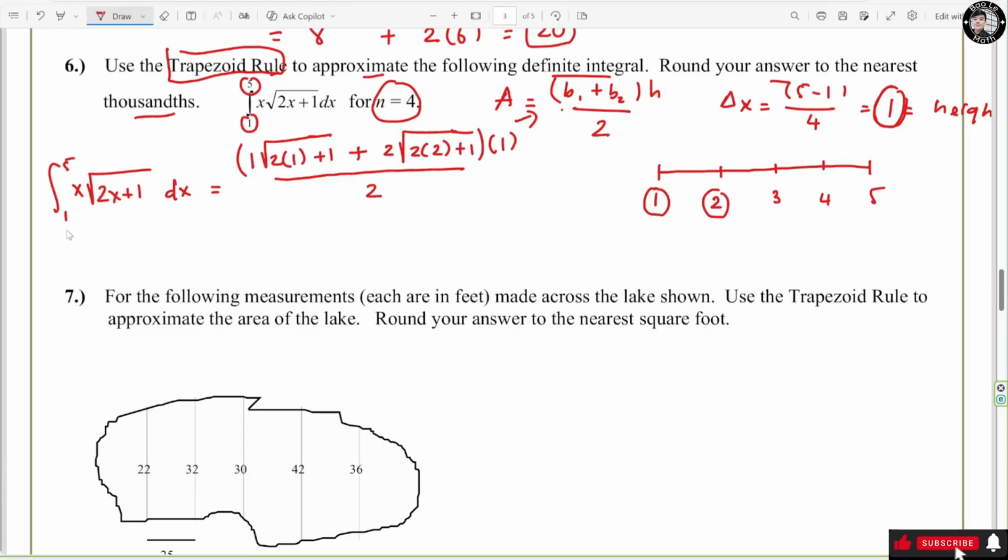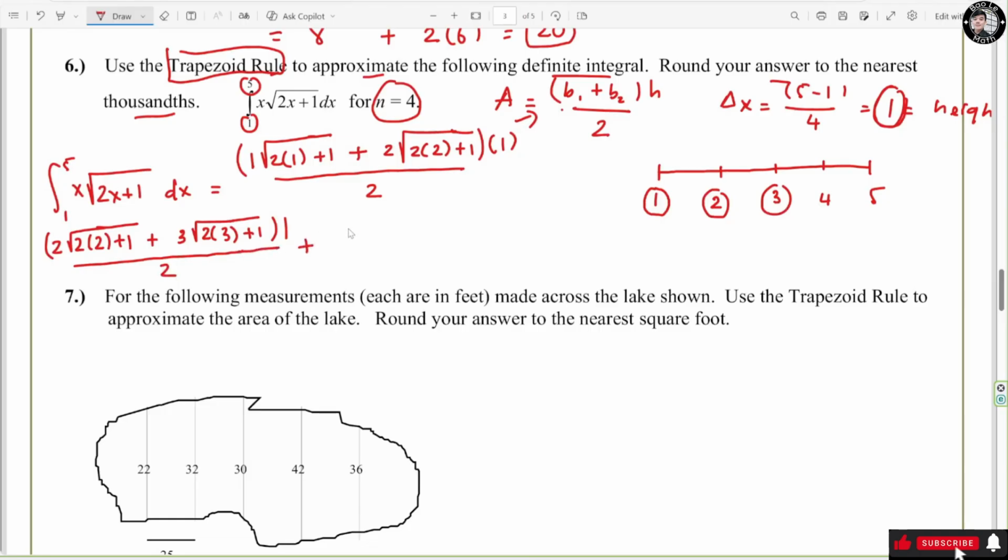The second one is going to be from 2 to 3. So you have 2 times the square root of 2 times 2 plus 1, plus 3 times the square root of 2 times 3 plus 1, times the height, which is 1, divided by 2. Next one from 3 to 4.